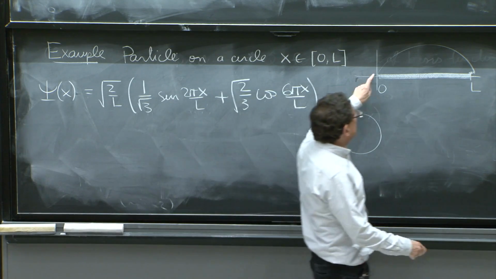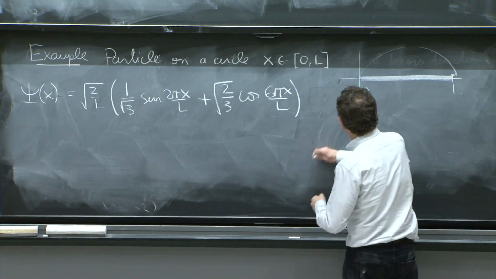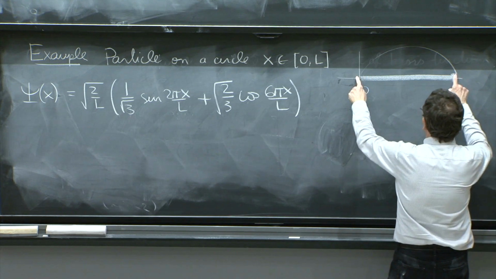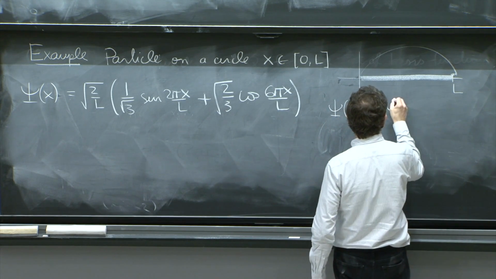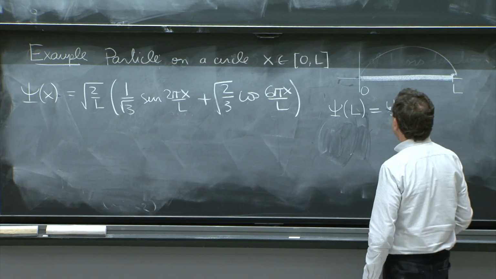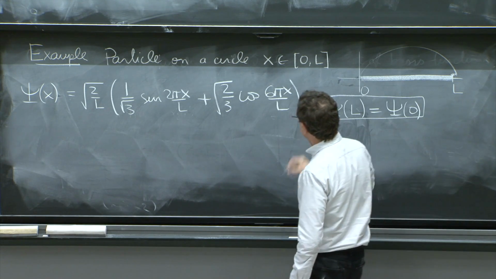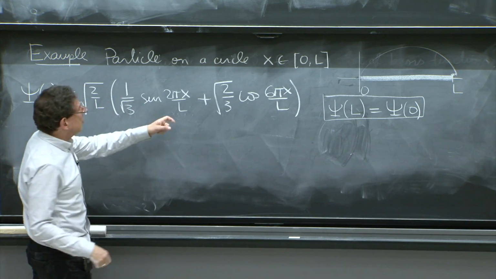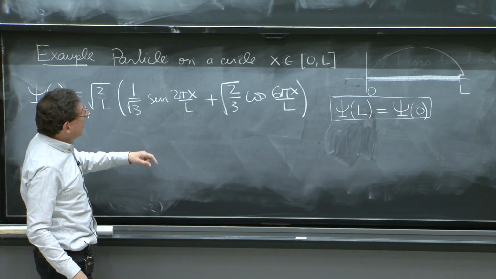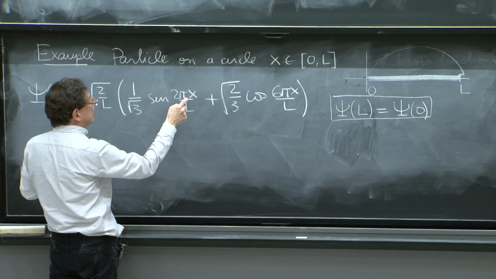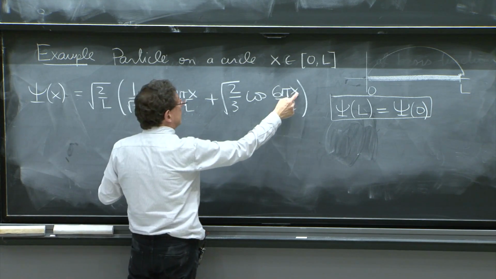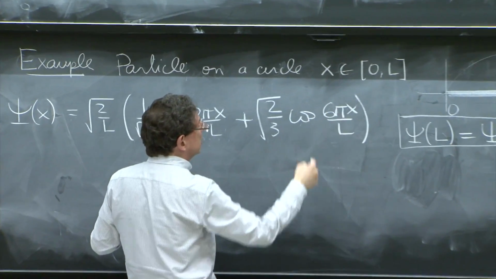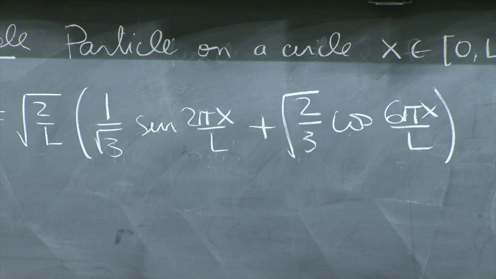If you live on a circle, you would want to emphasize the fact that this point 0 is the same as the point L, so you should have that psi at L must be equal to psi at 0. It's a circle after all, it's the same point, and therefore for 0 or for L, the difference here is 0 or 2 pi, and the sine is the same thing. And 0, when x equals 0, and 6 pi, so that's also periodic, and it's fine. It's a good wave function on a circle.